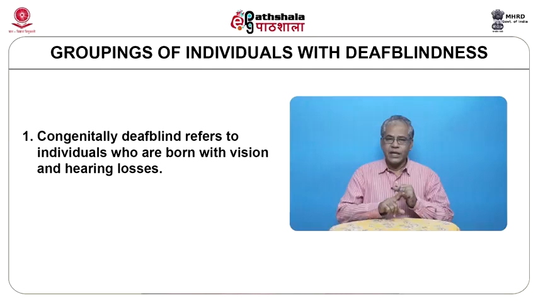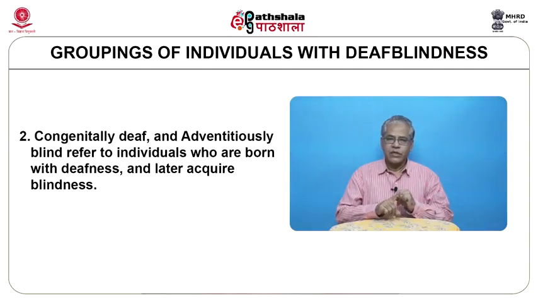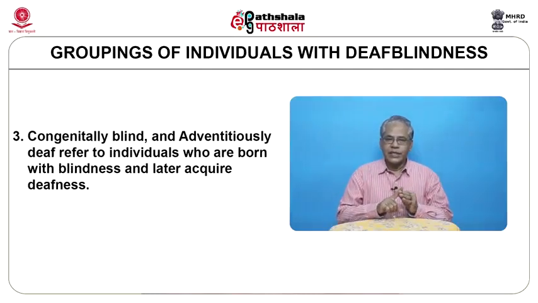Let me mention the 4 groupings of deaf blindness. 1. Congenitally deafblind refers to individuals who are born with vision and hearing loss. 2. Congenitally deaf and adventitiously blind refers to individuals who are born with deafness and later acquire blindness. 3.